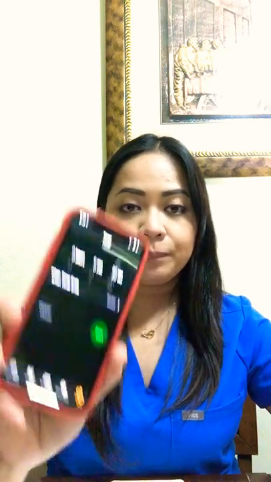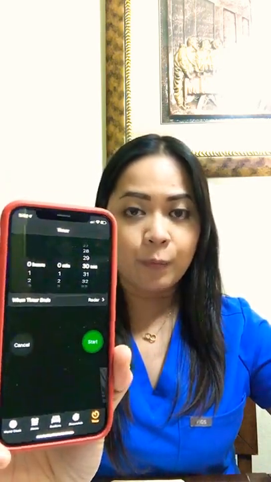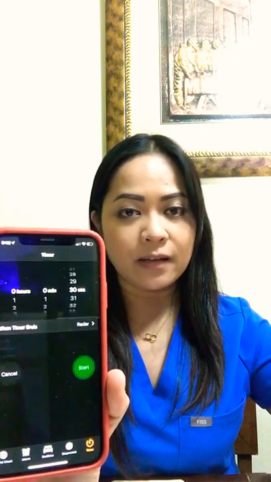Using a timer, I'm going to count the number of times that I breathe in 30 seconds. One complete cycle of inhaling and exhaling is considered one breath.